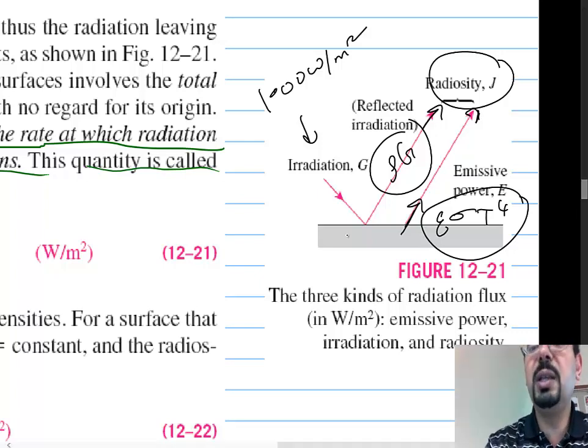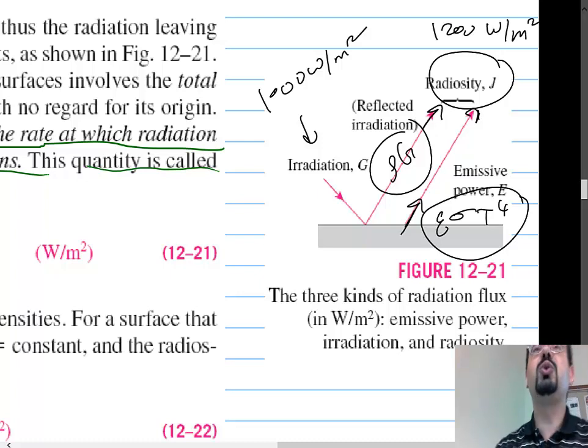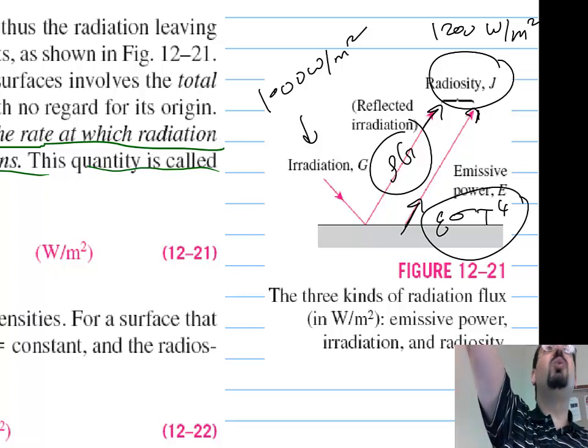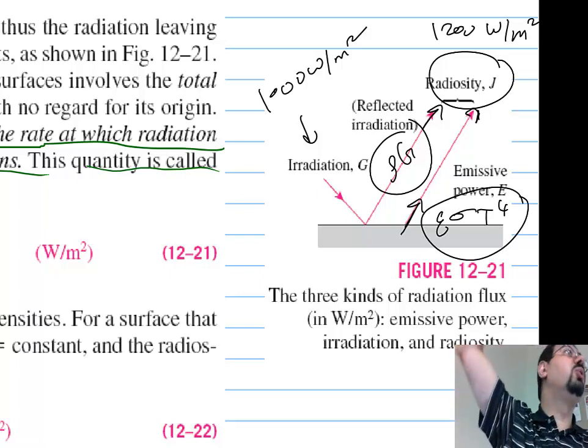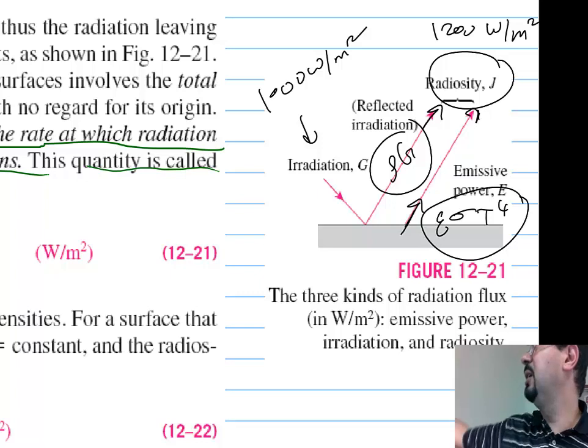Alright? So now, depending on how hot you are, say 1200 watt per meter square, those 1200 watt per meter square will end up going to the outside world. And they will get split. Maybe 500 will hit the students standing in front of me in the first row, and maybe 200 will go to the people at the back because they are a little further away. 100 will go to the ceiling, 100 will go to the right, and probably very little will go to the outside, because I can hardly see the outside.